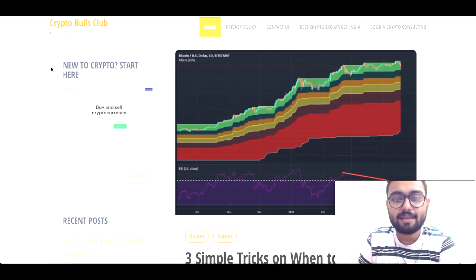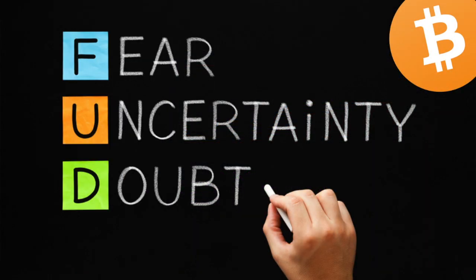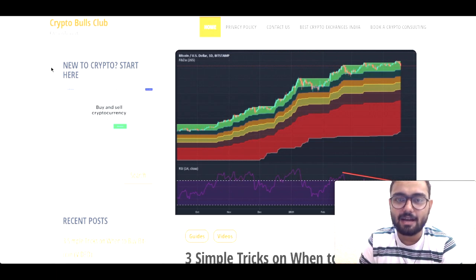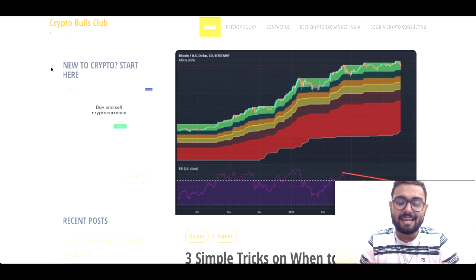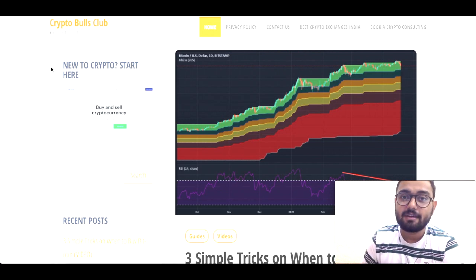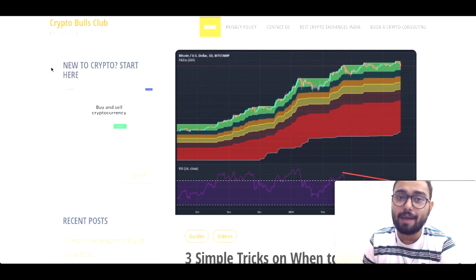One of the common mistakes that we tend to make is we fall for FUD. Now, FUD is fear, uncertainty, and doubt. For example, if you have been trading in India, some time back the news came out that the Indian government may be banning cryptocurrencies, and people just went on selling cryptocurrencies even at a loss of around 20-25%. Now, there was no official confirmation or official report from the government of India that they're going to ban cryptocurrencies.